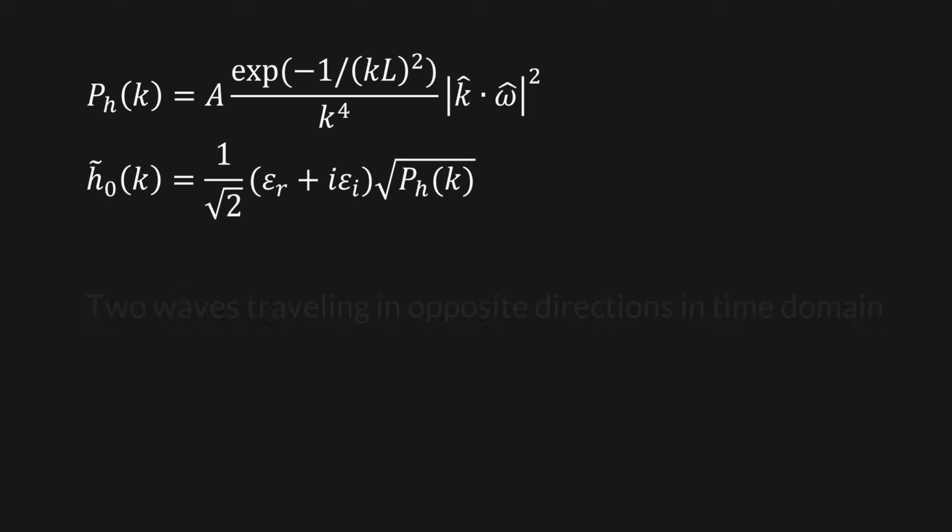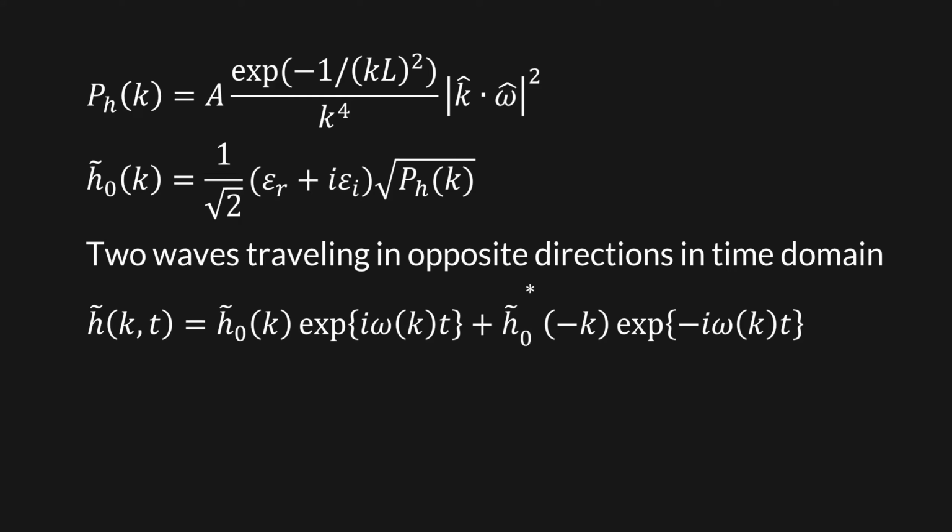In the time domain, we generate two waves propagating in opposite directions, left and right. This temporal representation captures the evolution of wave characteristics over time.